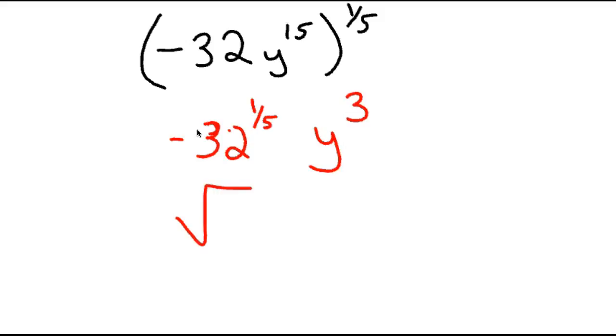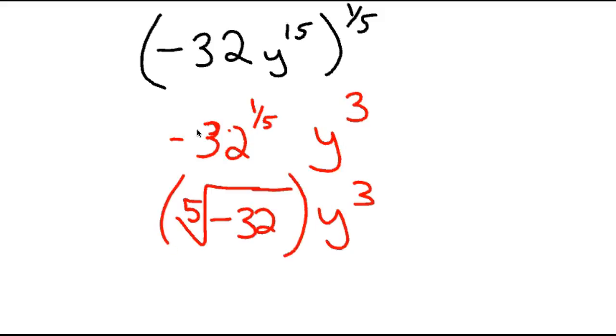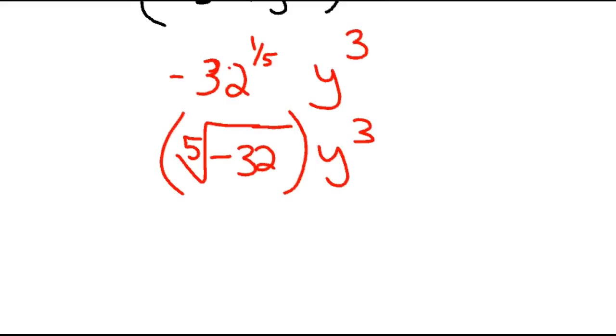That's the 5th root of negative 32 to the 1st power, times y to the 3rd. It's outside of the radical, so I'll put parentheses just to show that. With a 5th root, we're looking for groups of 5. 32 is 8 and 4, that's 2 and 2, and 4 and 2, and 2 and 2.